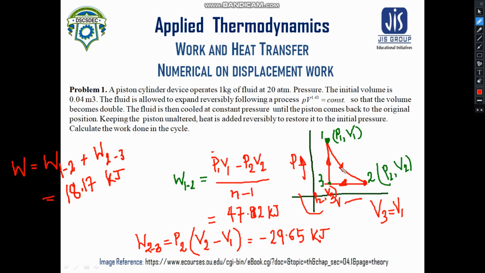But sometimes you will find there are different relationships. That means there is a functional relationship between pressure and volume.